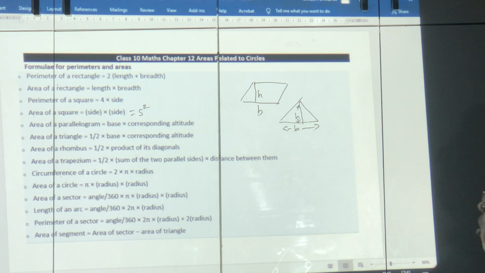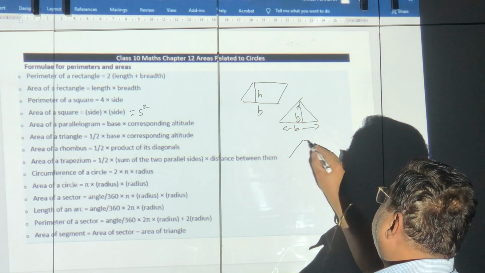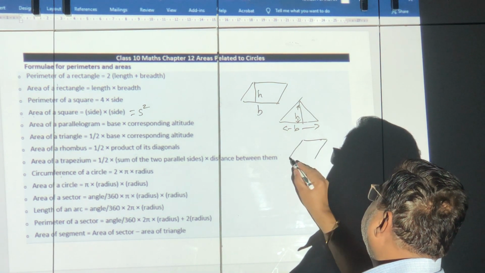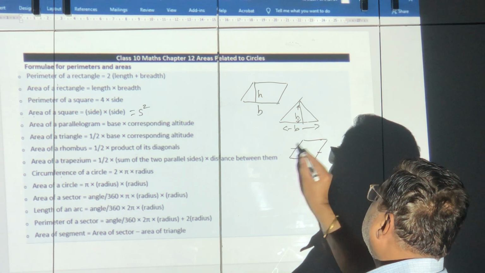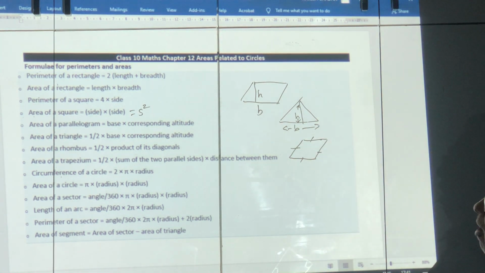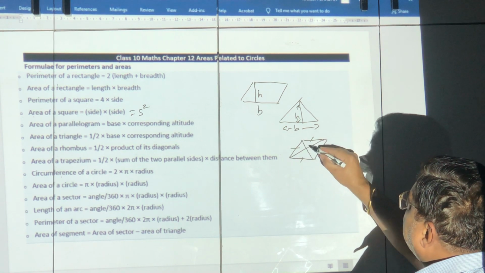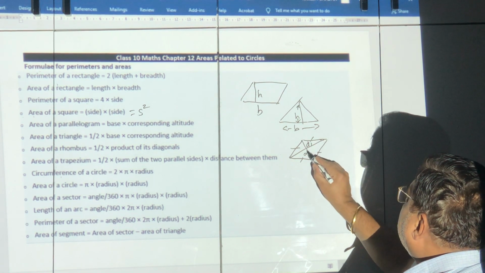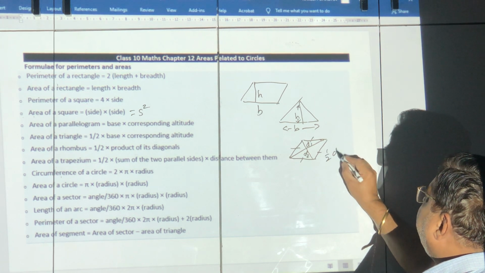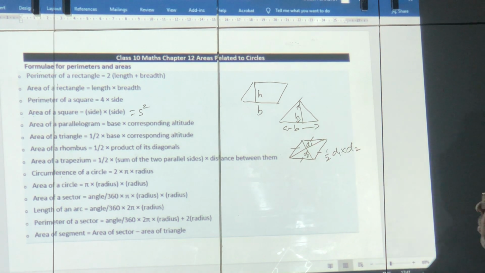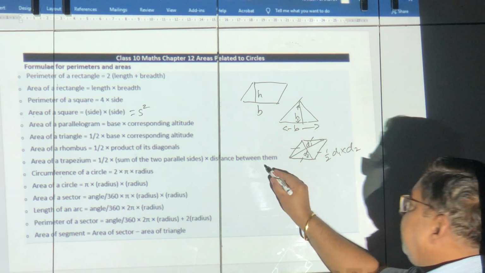Then area of a rhombus. Rhombus, you know, is a square, but angles are not 90 degrees, so all sides are congruent. Area is half product of its diagonals, half D1 into D2. Area of a trapezium.